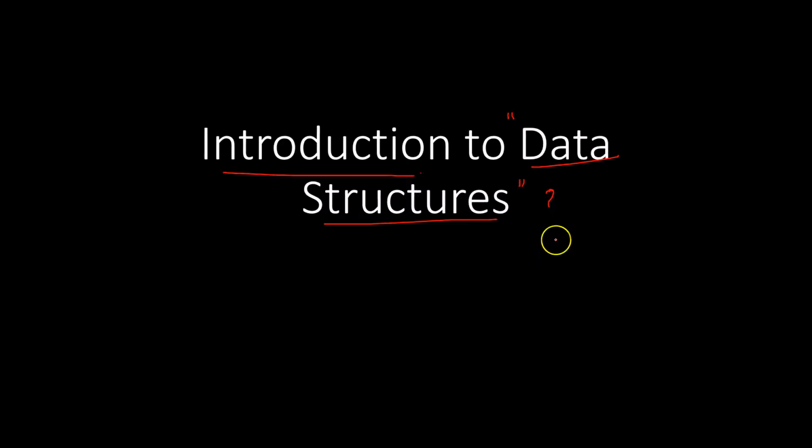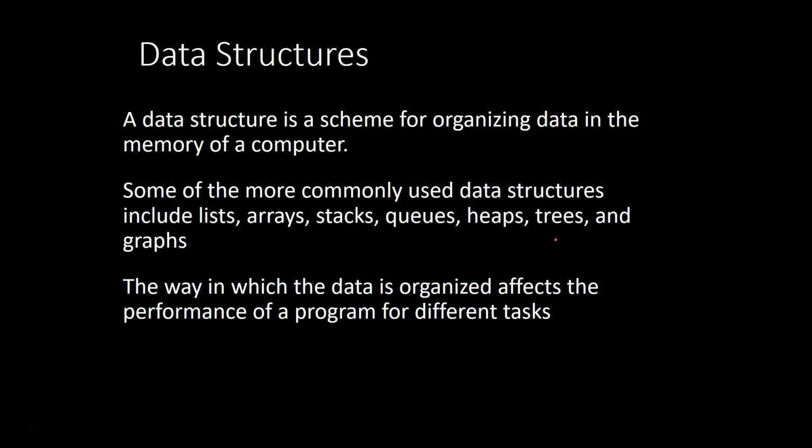So first let us discuss why we actually need data structure and what a data structure actually is. Basically, if I talk about data, that's just a collection of information. Now this information, whatever we have, may be arranged or unarranged, right?